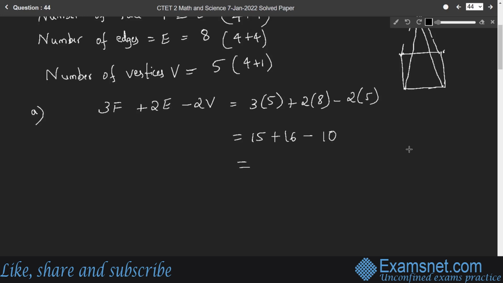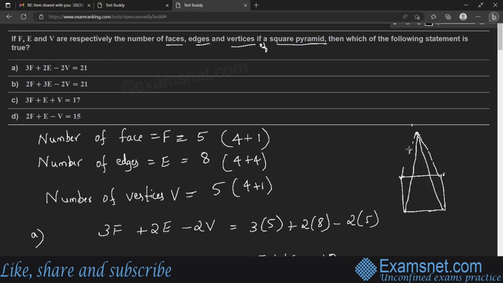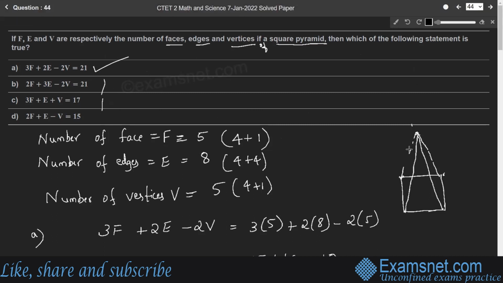So it is 16 plus 5 is 21. Check with the answer. Yes. So option A is the right answer. No need to check the remaining equations because option A is the correct one.